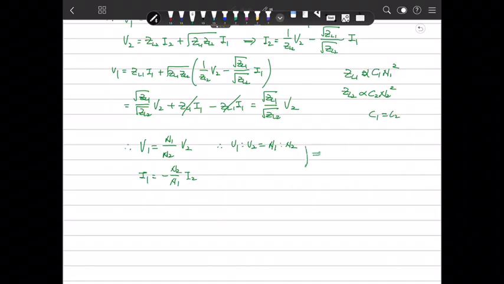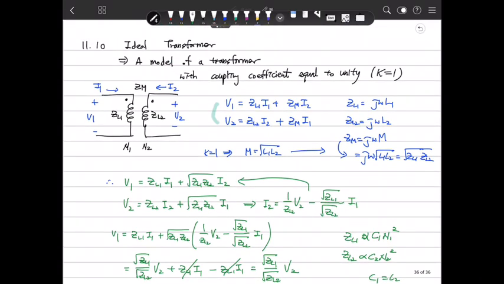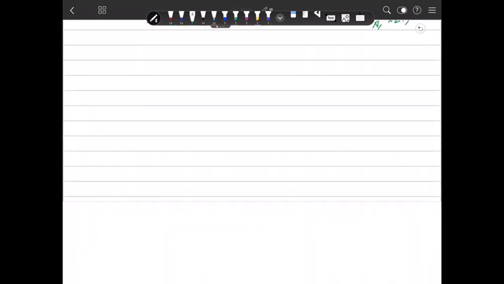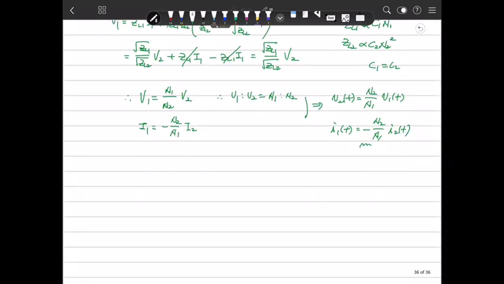So from here, you can calculate that V2(t) is N2 over N1 times V1(t), and I1(t) is minus N2 over N1 times I2(t). This is because of the current direction of I2 in this manner. If you reverse the direction of I2, then this polarity will be changed.